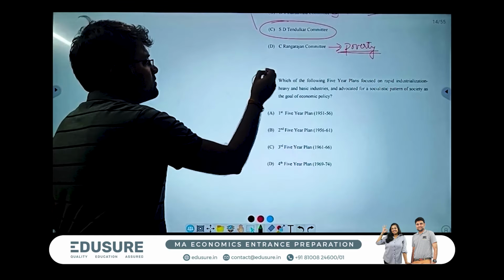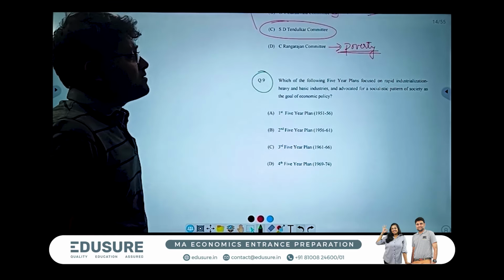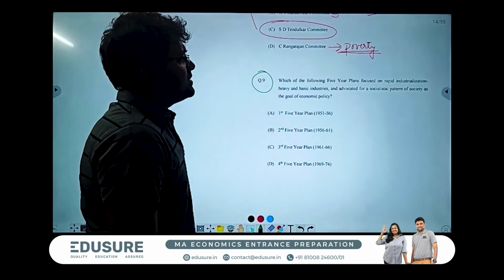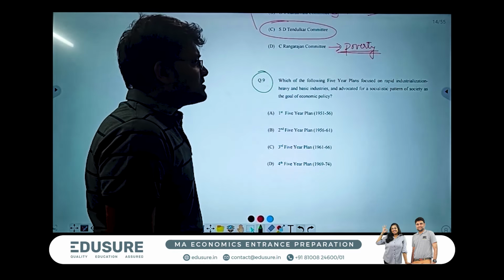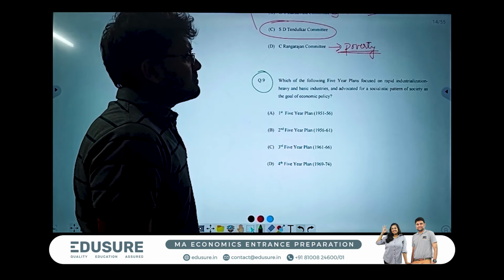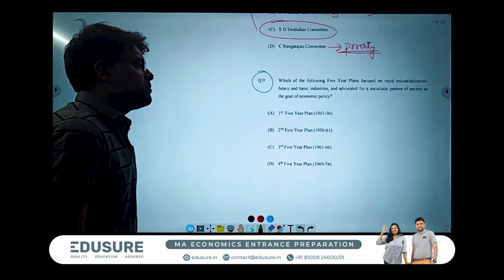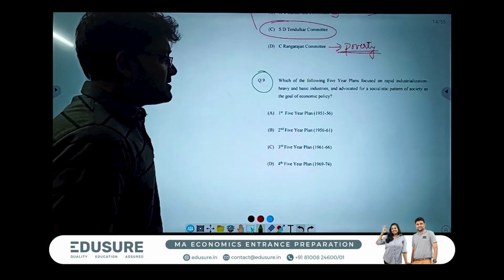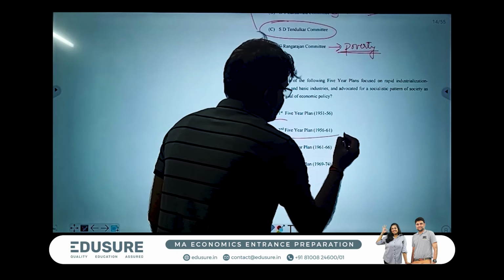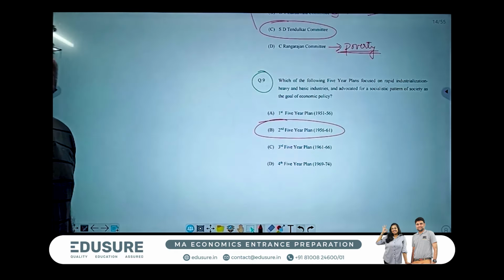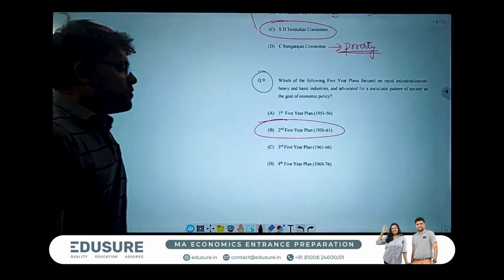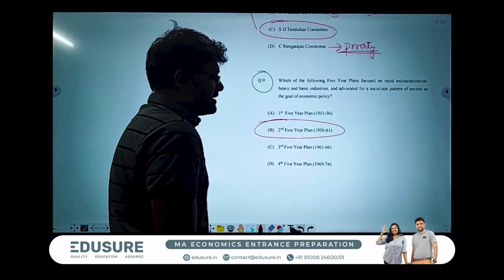JAM 2023, question number 9. Which of the following 5-year plans focused on rapid industrialization, heavy and basic industries, and advocated for a socialistic pattern of society as the goal of economic policy? It was very early on after independence, and the answer here is the second 5-year plan, 1956 to 61. The others went on the service industry.